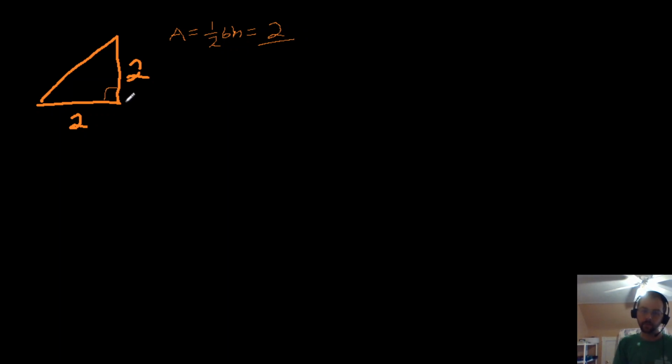But let's say that we didn't know that formula and we wanted to approximate the area. One way that you could do that, let's say the only thing that you knew how to calculate the area of was a rectangle or a square, and we want to approximate the area of this triangle.